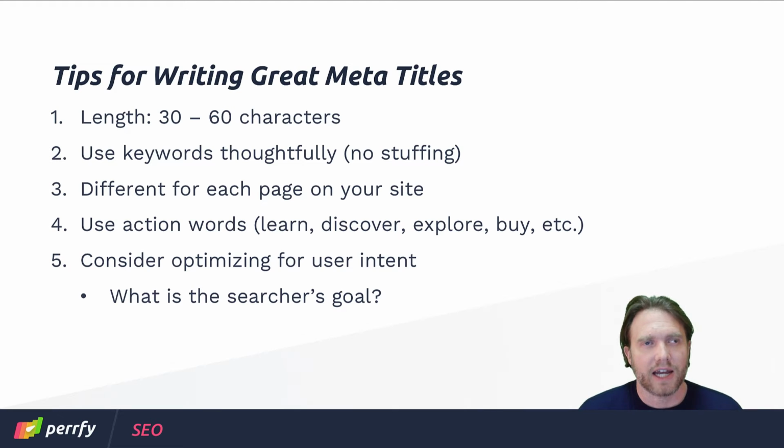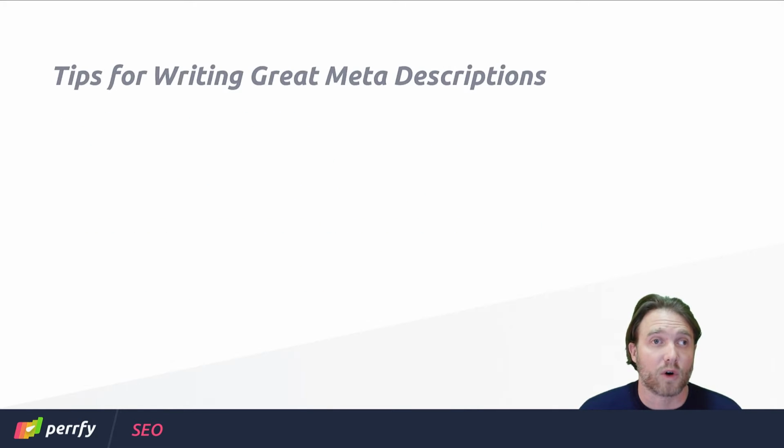Searchers are scanning a page super quick with these results. You're not spending much time on each one. You're definitely not reading every word on a Google search results page, right? So you want to guess what they're looking for and then hit that with what you have to say.